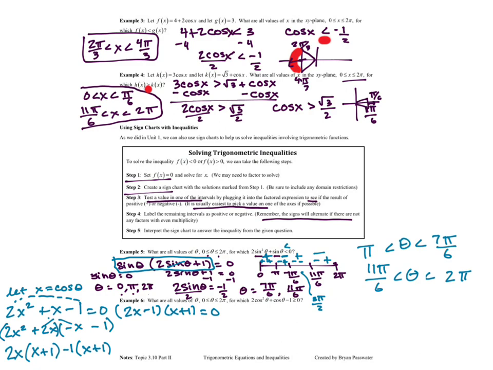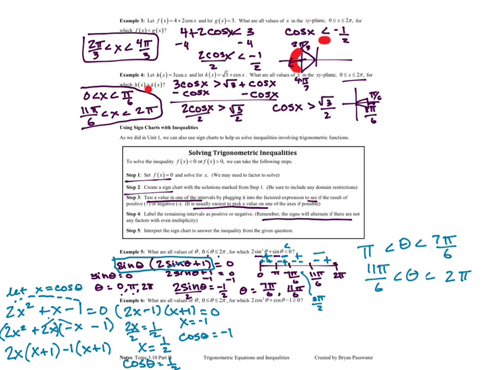Or solve it for x and then go back to cosine because x is equal to cosine. So if you wanted to do that, you would have 2x equals 1. X is 1/2. So that's going to be cosine theta is half. And x equals negative 1 or cosine theta equals negative 1.